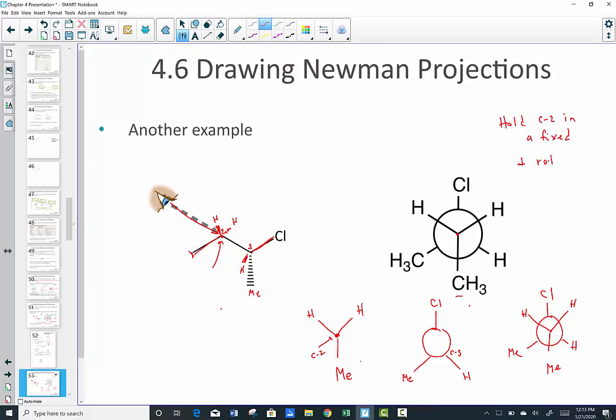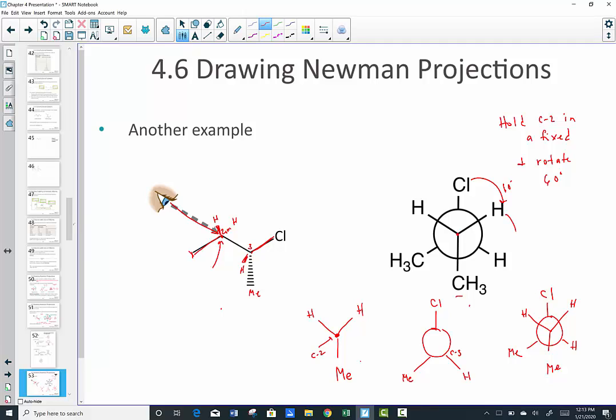When you rotate that in space, rotate it every 60 degrees. So rotate 60 degrees, and the next spin is called a conformation. Every time I move the sigma bond, I'm creating a new conformer for that structure. When I rotate that 60 degrees, the chlorine disappears behind the hydrogen.